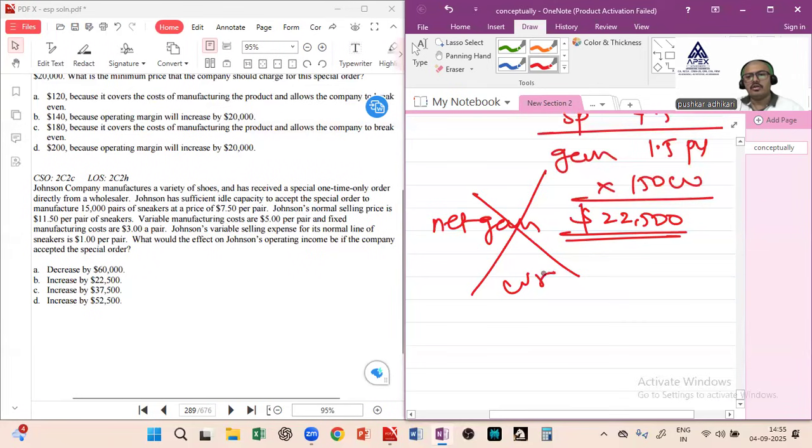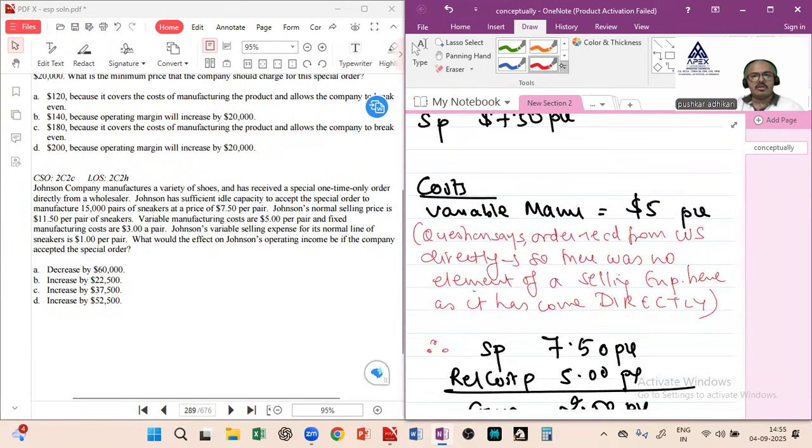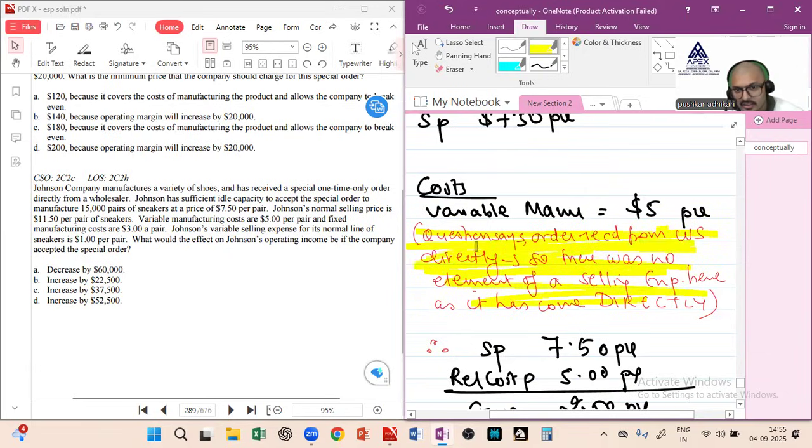This is wrong, and this is why it is wrong. It is wrong because of this particular statement. The question says the order was received from the wholesaler directly. So there was no element of a selling expense. Hence, it has come directly.